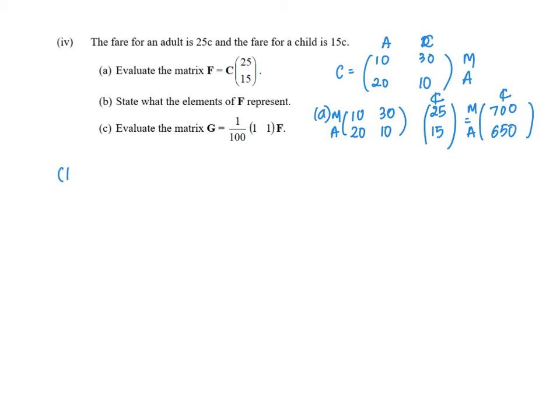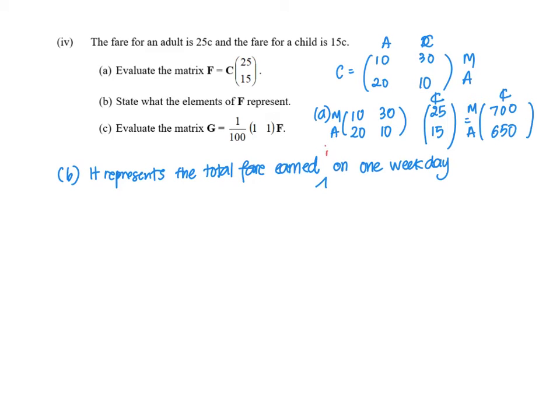So part B, interpret what the elements in F represent. It represents the total fare earned in cents on 1 weekday for the morning and afternoon sessions.